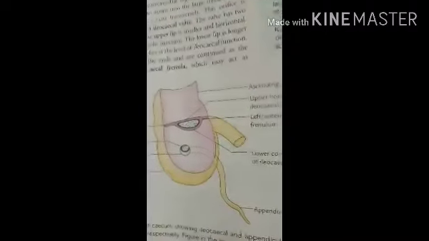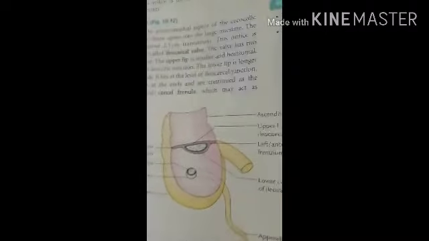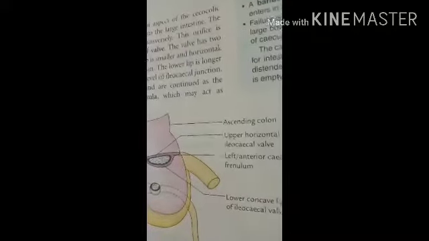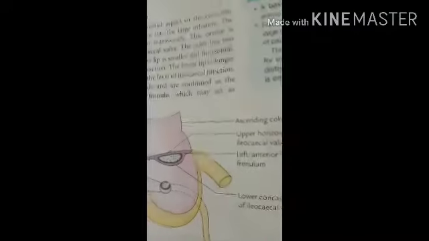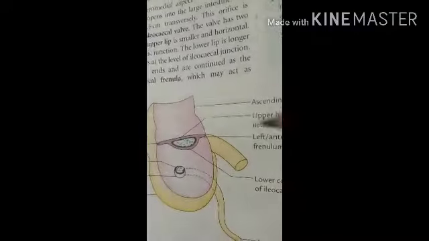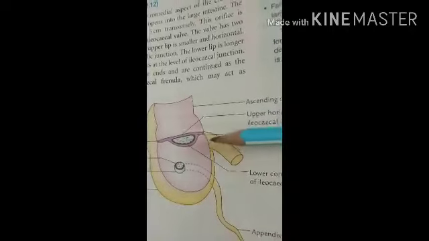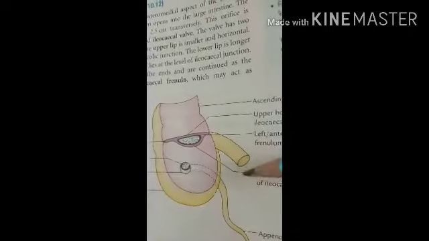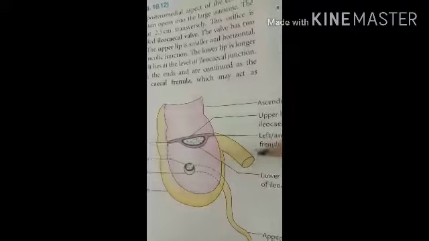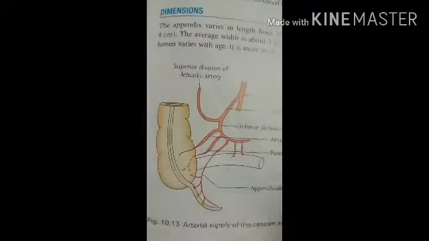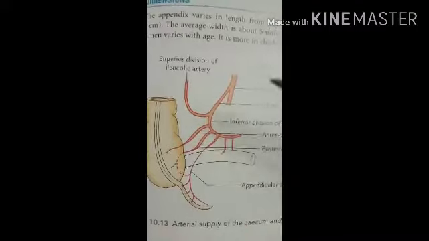Okay? Then the blood supply of the cecum. The cecum is supplied by the cecal branch of the ileocolic artery. Okay? Then the venous drainage is the superior mesenteric vein. Here in this diagram you can see the blood supply of the cecum.